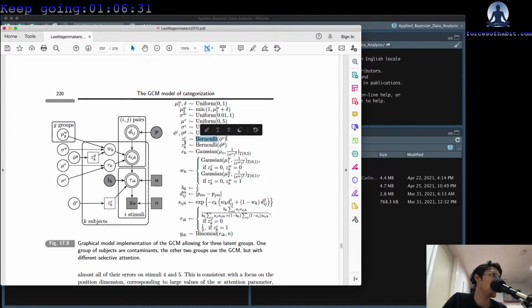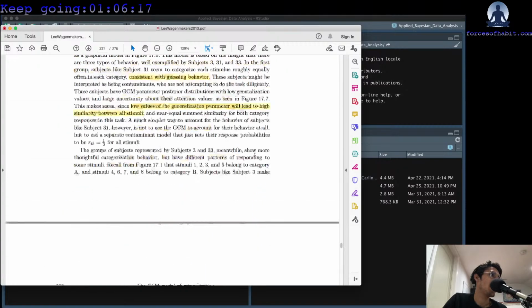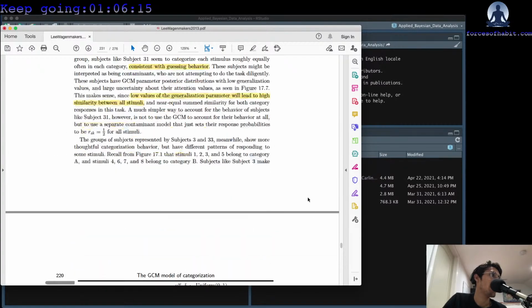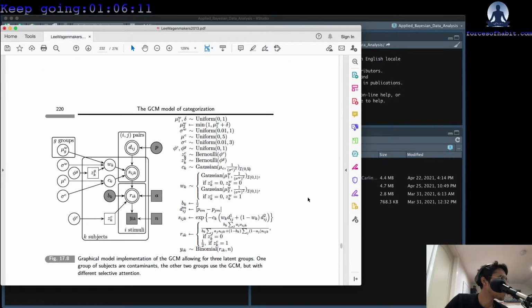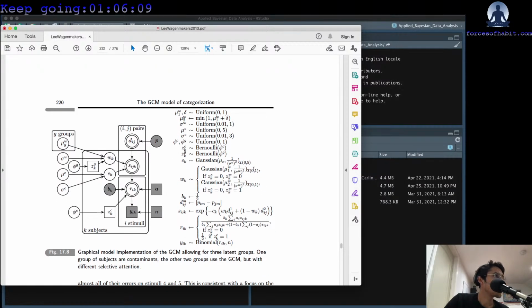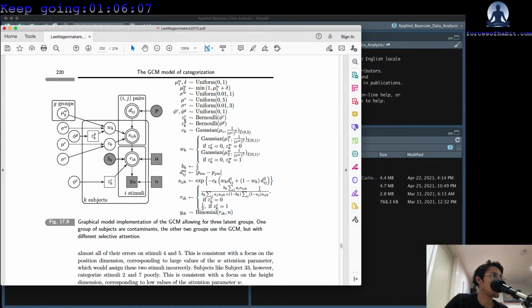And these are Bernoulli by this probability, so the rate of being a part of one group or another. Gaussian here. Restricted range, because generalization can only be 1 to 5 or so. Restricted range for sigmas or for those distributions.